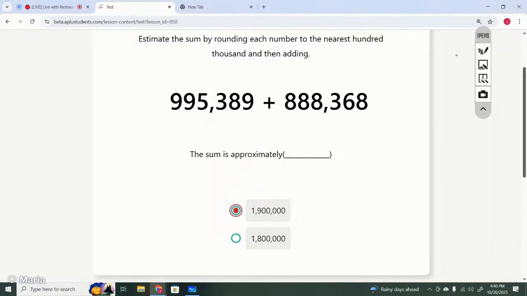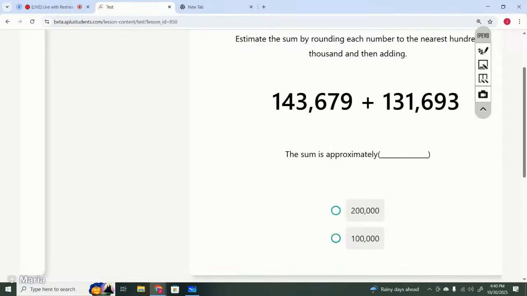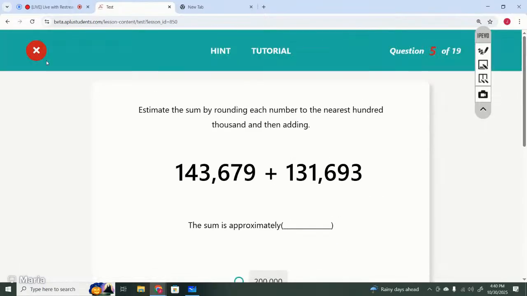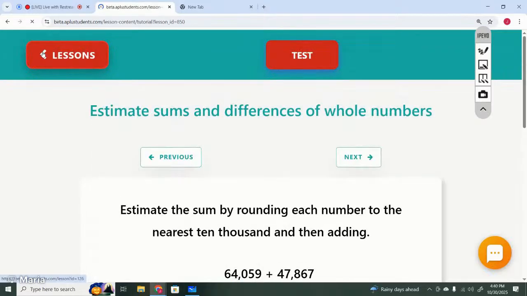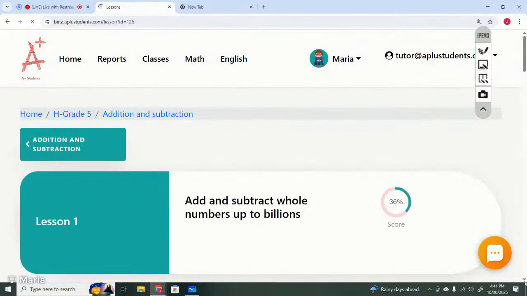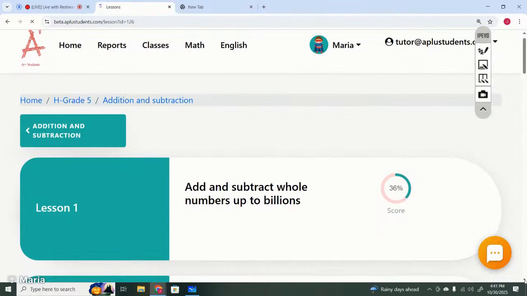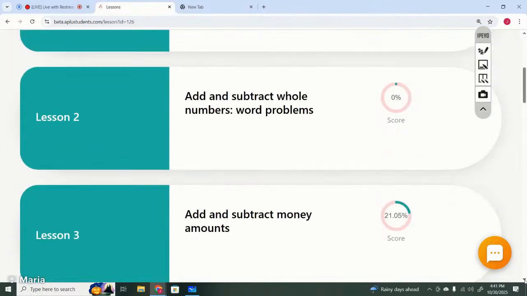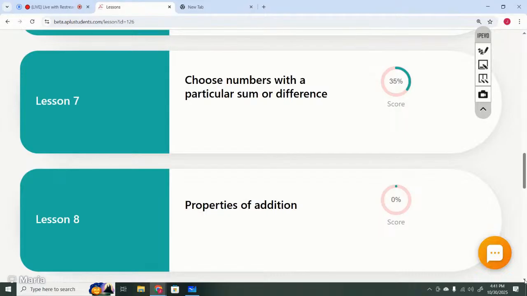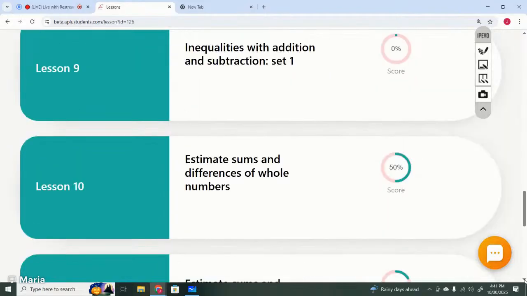Okay, we are done with the lesson. So we were working on grade 5 math. The chapter we were working on is addition and subtraction. The lessons we have covered today are addition and subtraction, and estimate sums and differences of whole numbers.